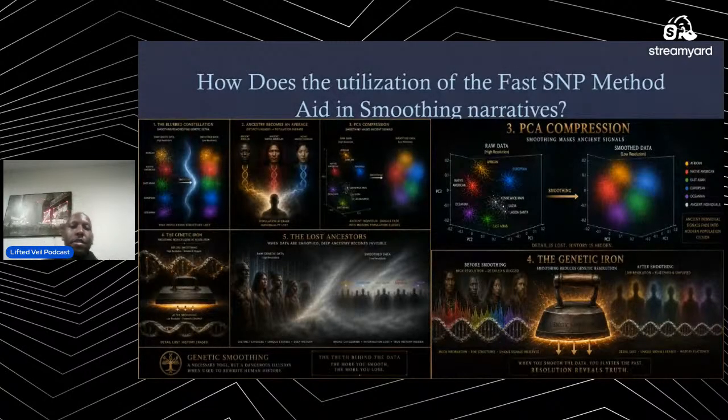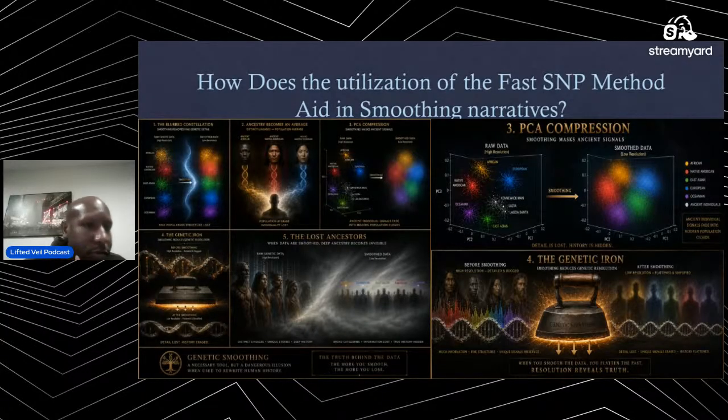Okay, so this is just an illustration right here. I had AI put this together, of course, but it's just a brief illustration to demonstrate how fast SNP methods can aid in smoothing narratives based on these two geneticists' model.